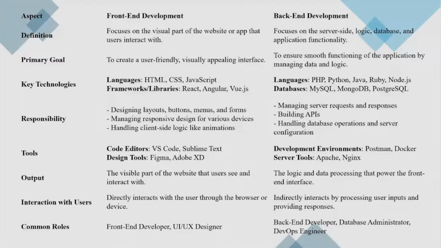The roles are front end developers, UX developers, and backend developers, database administrators and DevOps engineers. Database and backend development all come under the backend developer. So the sad part is now you need to learn everything.